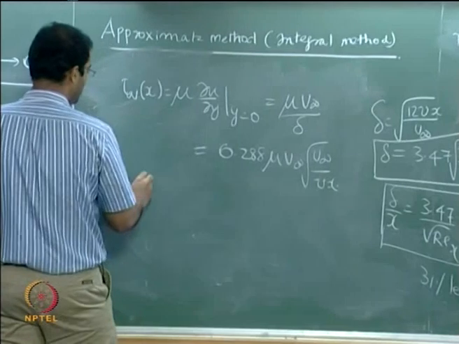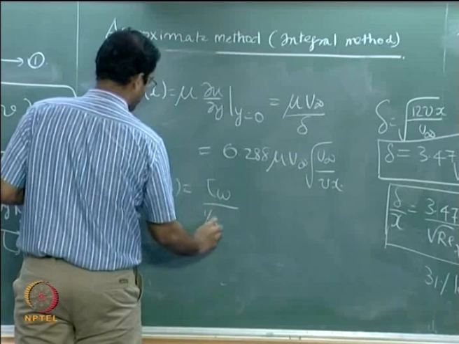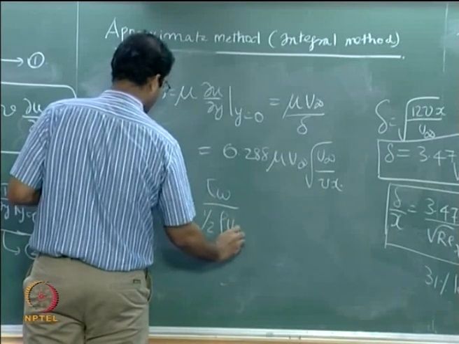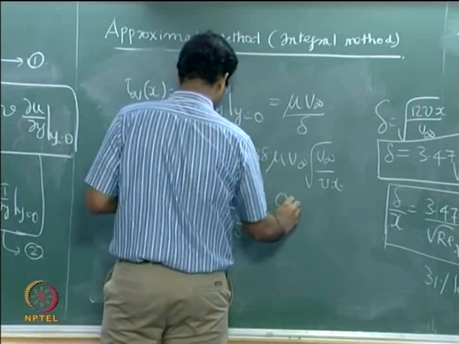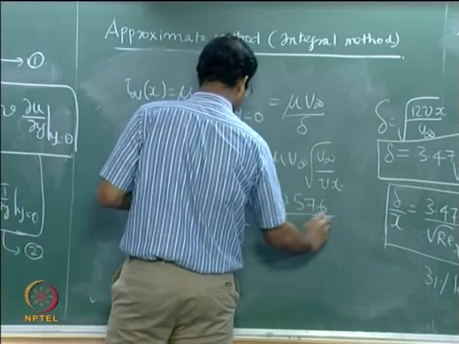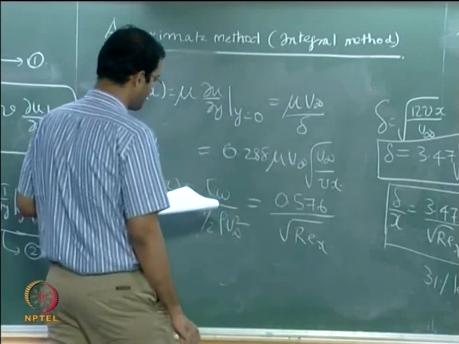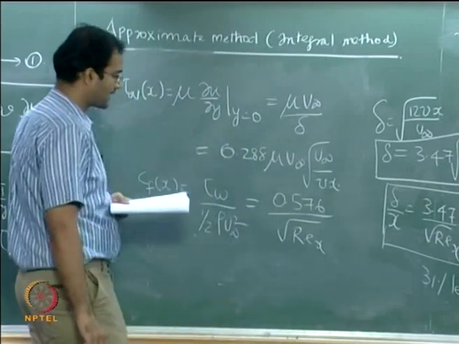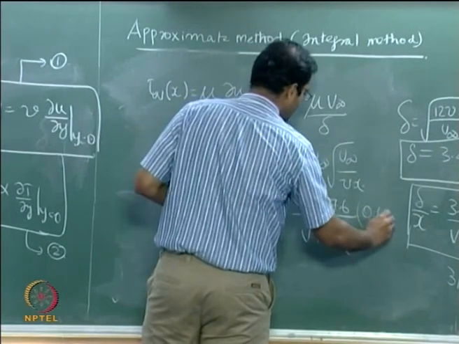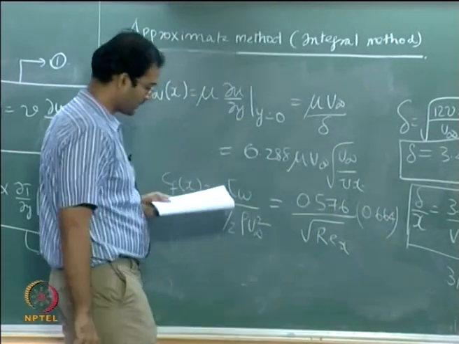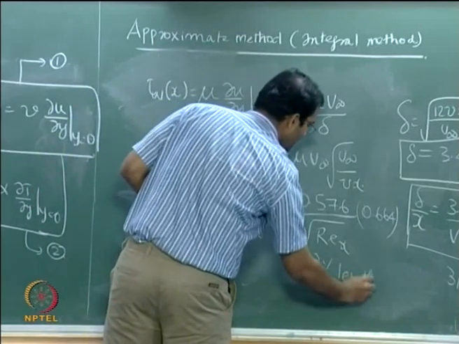Now if you define the non-dimensional local skin friction coefficient as tau w by half rho u infinity square, this will come out as 0.576 by square root of Reynolds number. And if you remember, the exact solution was giving 0.664. So this is about 13% less than the exact solution.